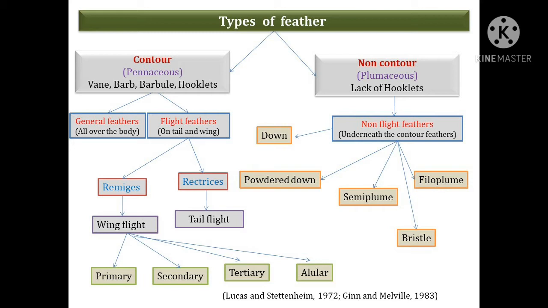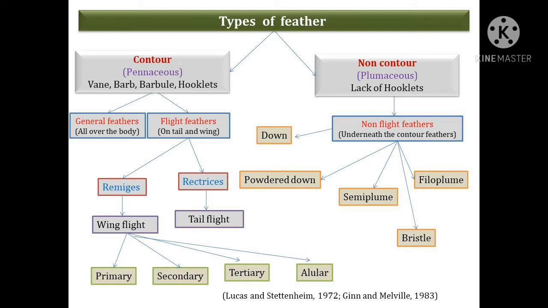Now these contour feathers are again divided into two types, that is the general feathers and the flight feathers. Feathers which are present on the tail and wing are called flight feathers, and the feathers other than the tail and wing, which do not contribute to flight, are called general feathers, which are present all over the body.